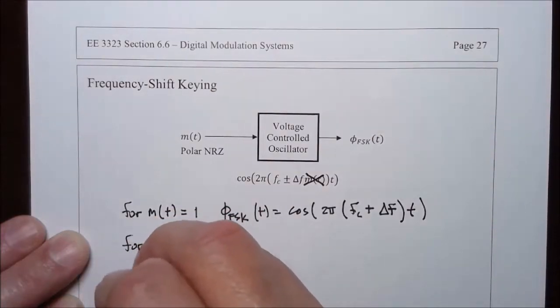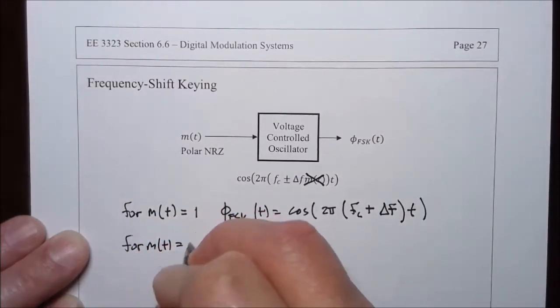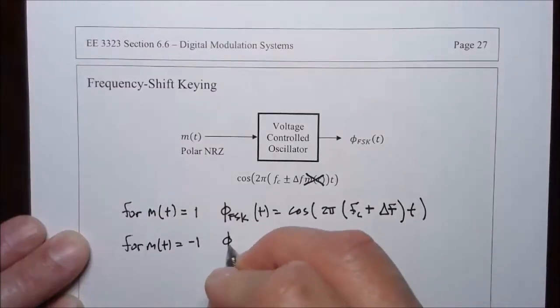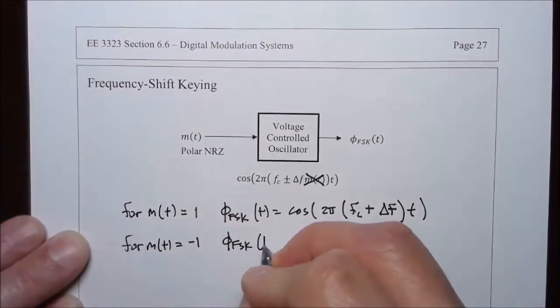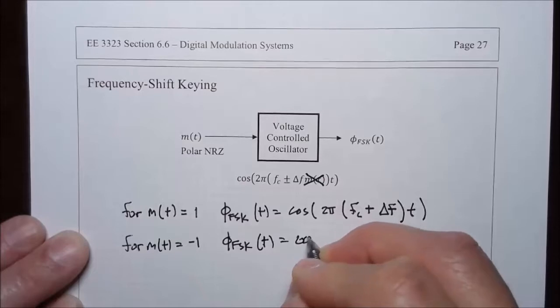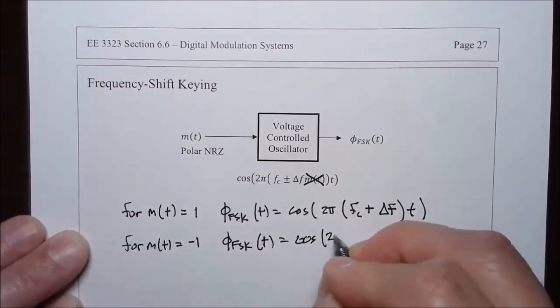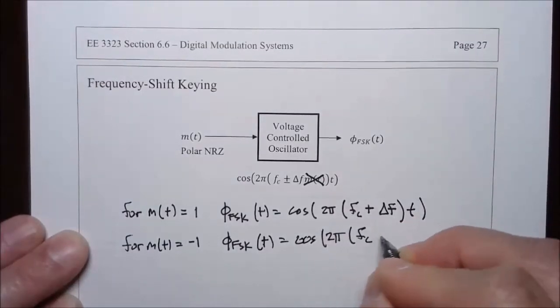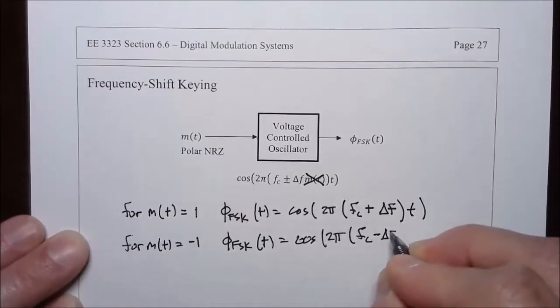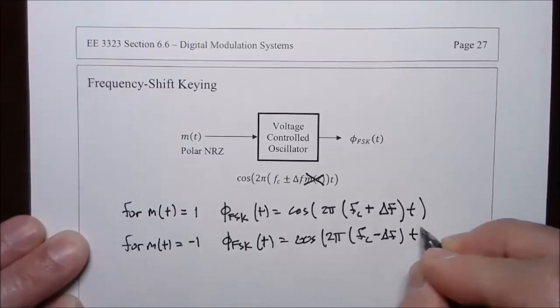And then for the message signal equal to -1, the frequency shift keyed signal is going to be cosine of 2 pi times FC minus delta F times T.